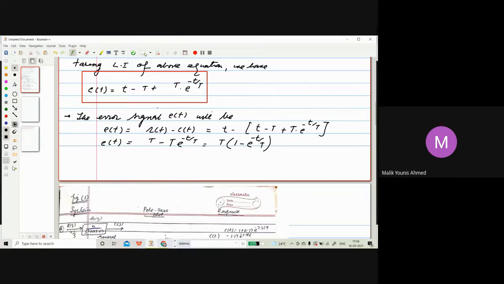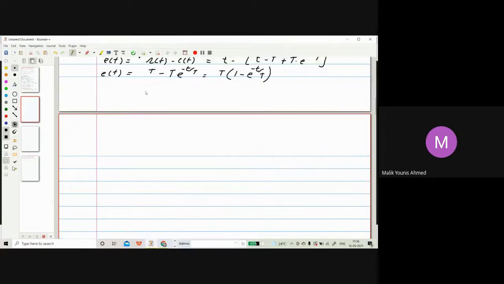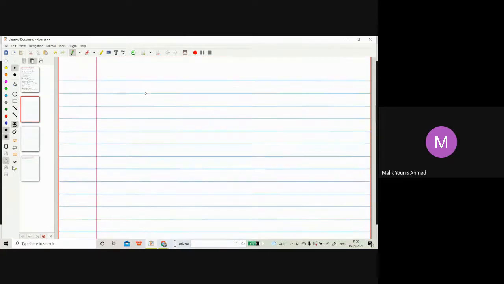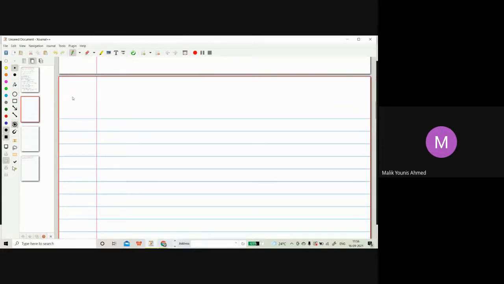Now after that, we have seen in the network also, we are interested in the steady state error always. We are not interested in the transient, what's happening. Once the response settles down, we are interested in the steady state error.